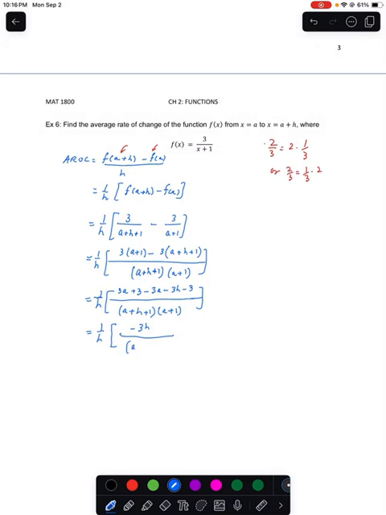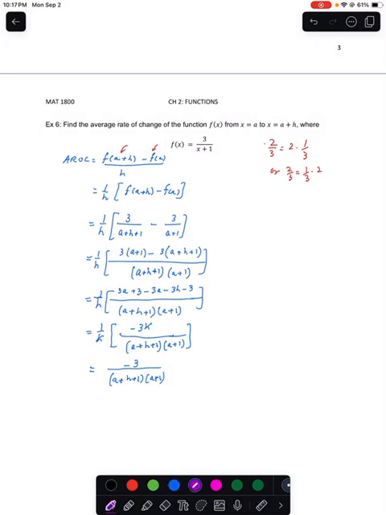And at the bottom, a plus h plus 1 times a plus 1. Now this h can be cancelled with that h, so the final answer will be negative 3 over a plus h plus 1 times a plus 1. So that is our difference quotient.